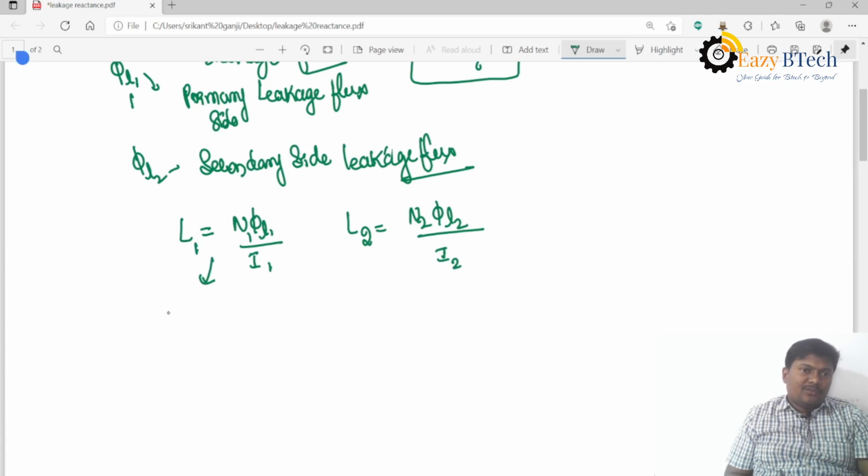So due to this, we have a reactance, that is X1 equals 2 pi F into L1, and X2 equals 2 pi F into L2.